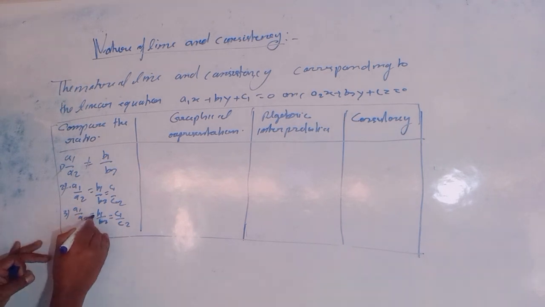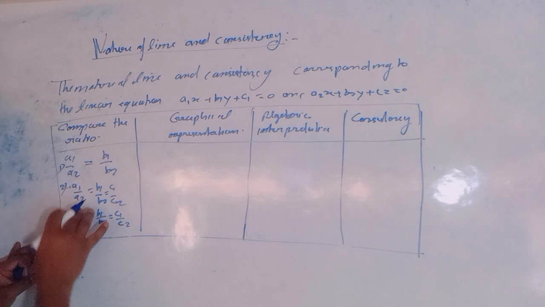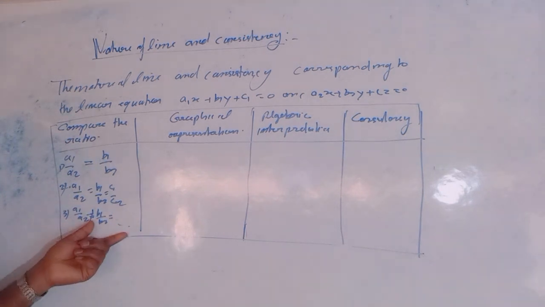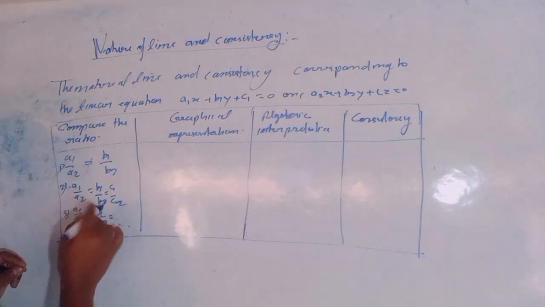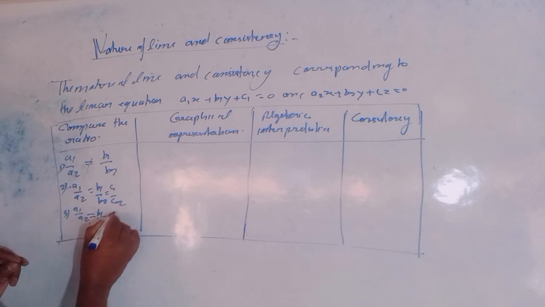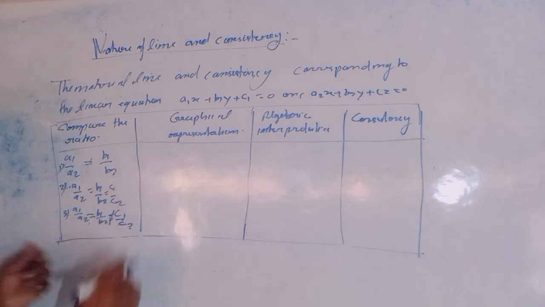This will always be equal here. If we are not getting equality, then we will find a1 by a2 is not equal to b1 by b2. And a1 by a2 is equal to b1 by b2 but not equal to c1 by c2. Got it?